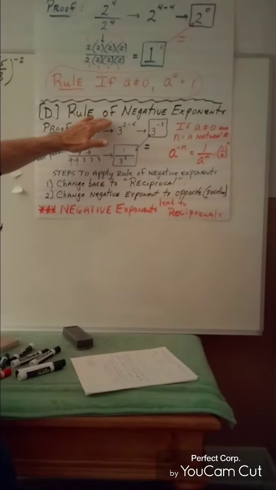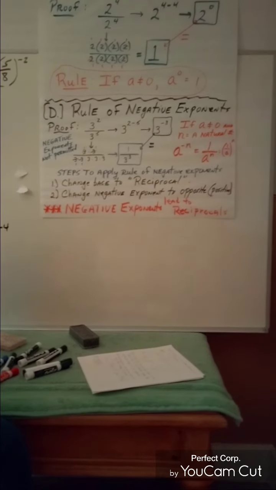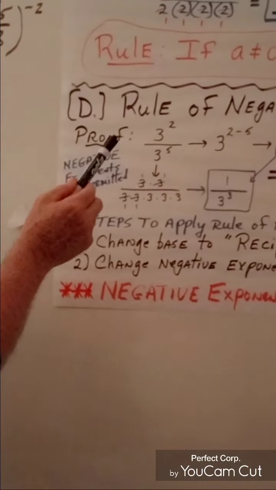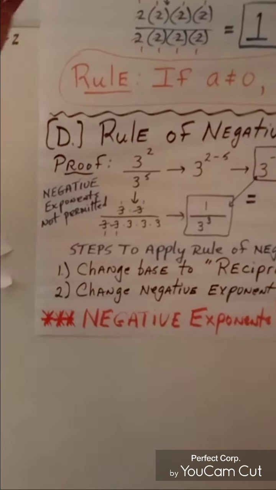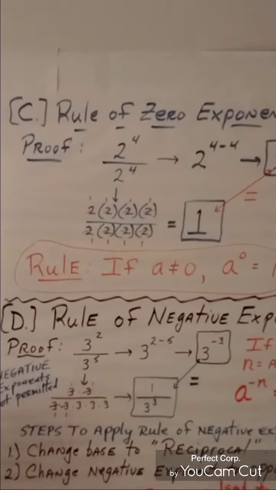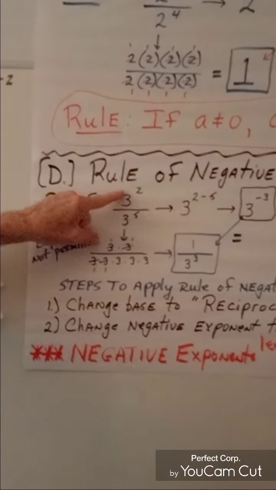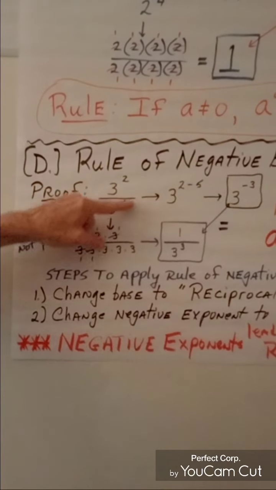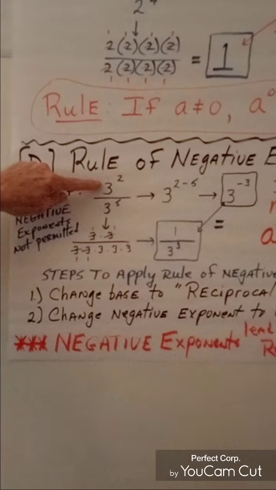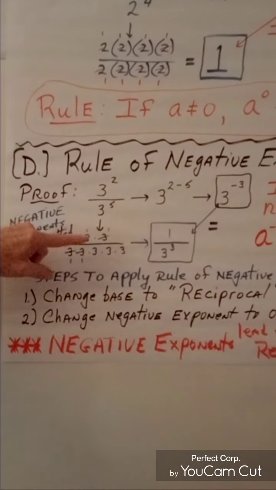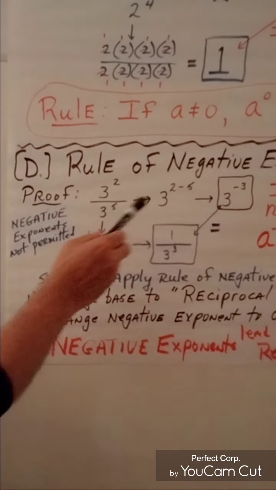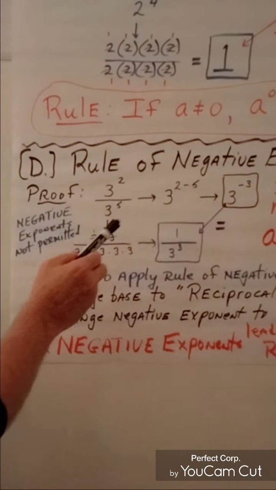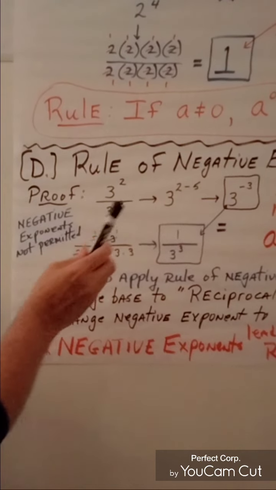All right, let's go to D. It's the rule of negative exponents. Now, to show the rule of negative exponents, we're going to show a proof that is similar in structure to the rule of zero exponents that we just came from. And here's the problem that we're going to look at and use as our proof. 3 to the second divided by 3 to the fifth. I'm going to do 2 things to show the rule.